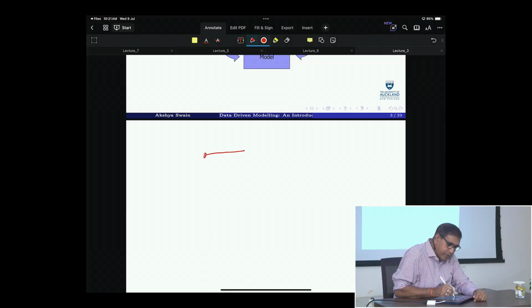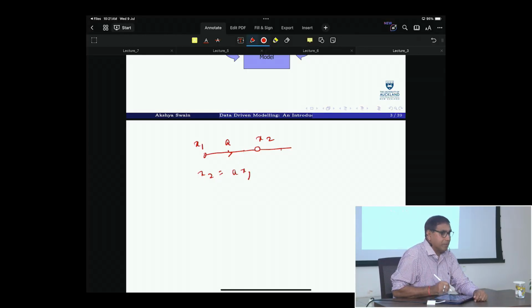Signal flow graph. Suppose this is x1 and this is A and this is x2. What is x2? x2 is equal to A into x1.